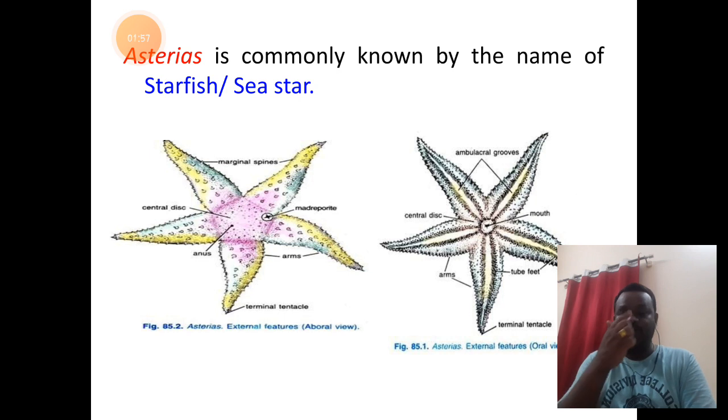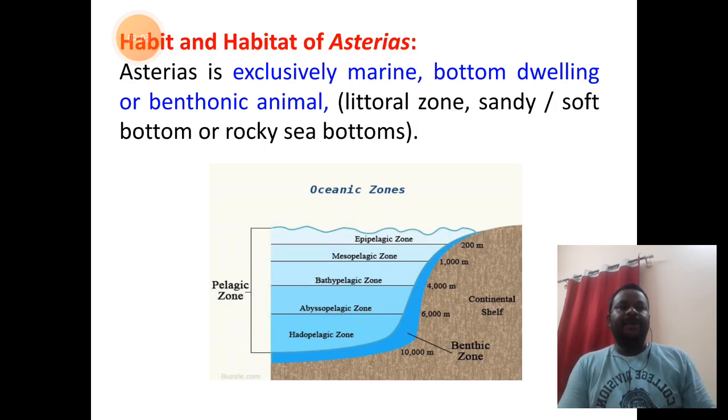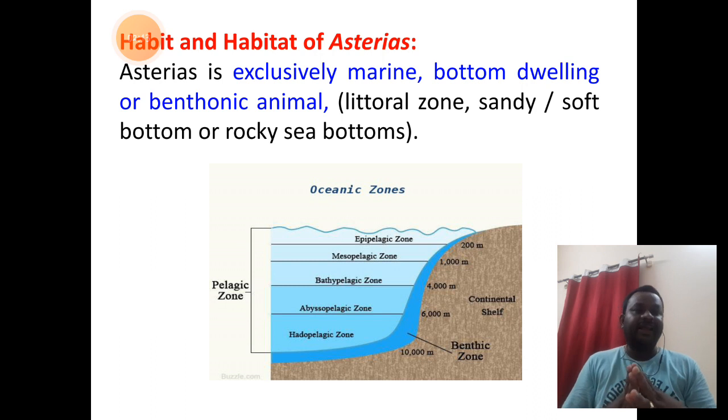Instead, we can make use of the term sea star. When we look at the morphological study, it is related to the external appearance of the organism. So first we will start with the concept of habit and habitat of Asterias.